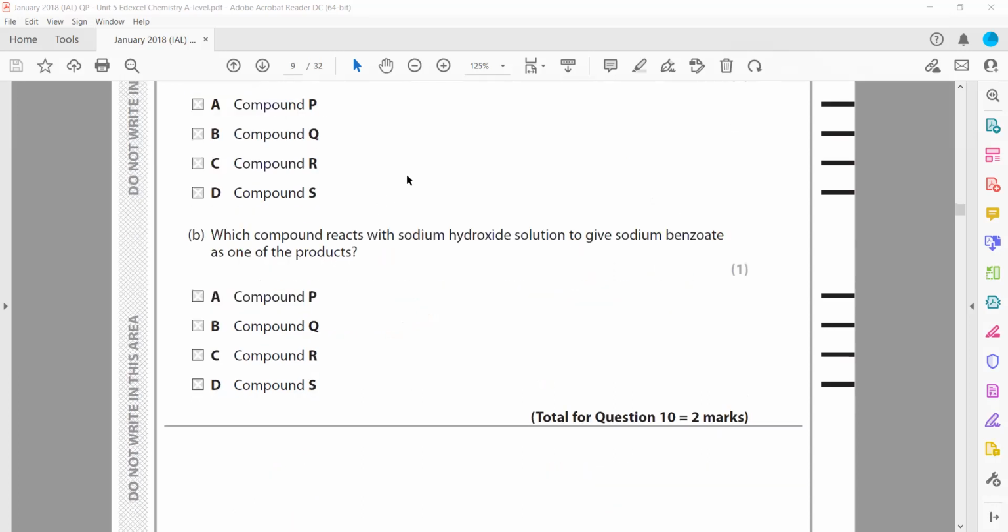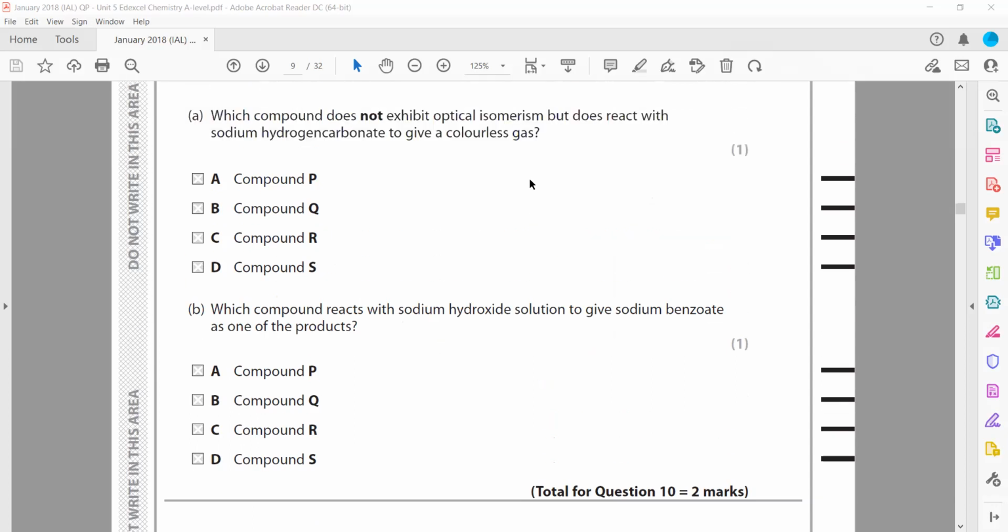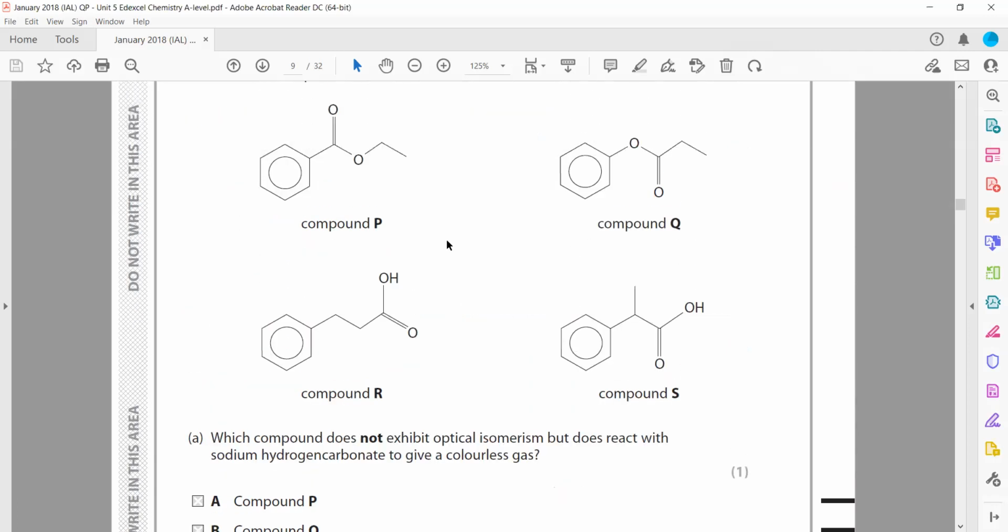Then the next one: which of the compounds reacts with sodium hydroxide to give sodium benzoate? The idea is that a carboxylic acid reacts with sodium hydroxide.